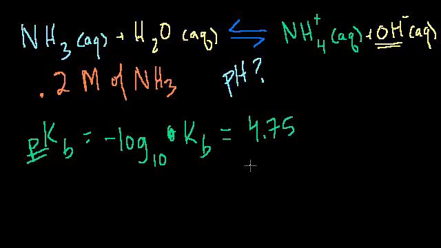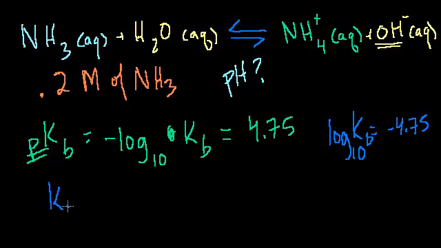So we can just do a little bit of math here to solve for the equilibrium constant. If we multiply both sides by negative, you get log base 10 of our equilibrium constant for this base reaction, that's why the B is there, is equal to minus 4.75. Or 10 to the minus 4.75 should be Kb.